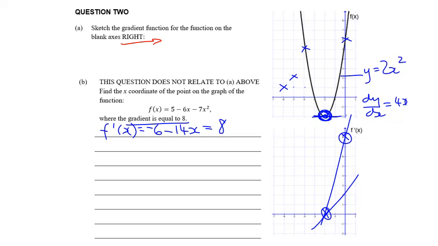So, from there, you needed to be able to go negative 14x equals positive 14. Divide by negative 14, and you get x equals negative 1. Okay. Happy with that? That was your achieved tick.